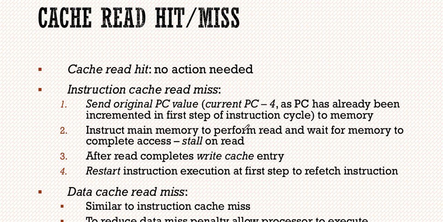Then you instruct the main memory to perform a read and wait for the access to complete. So what he's saying is that when you expected some instruction address to be in cache already, and you went to cache and didn't find it, you have to go back to memory, but with the previous program counter value.